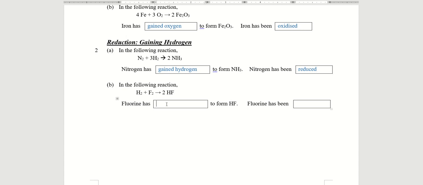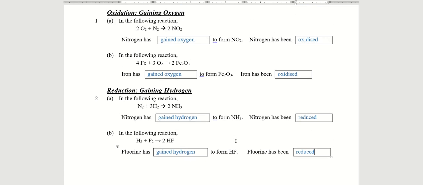Therefore, since fluorine has gained hydrogen, we can say that fluorine has been reduced.